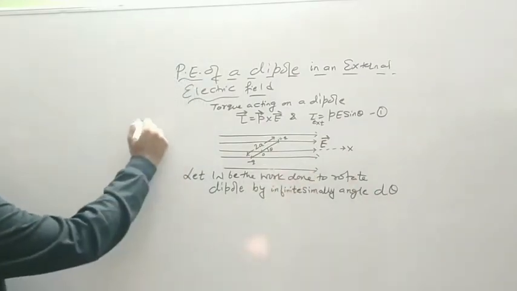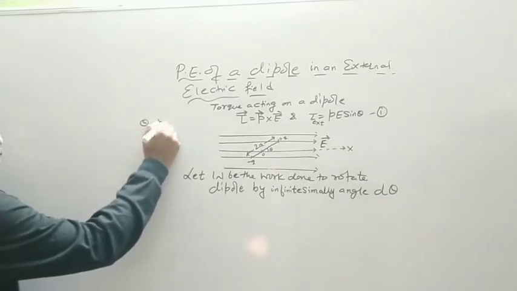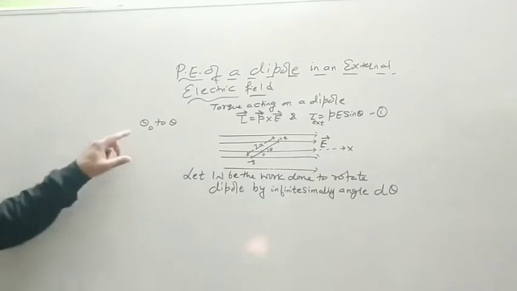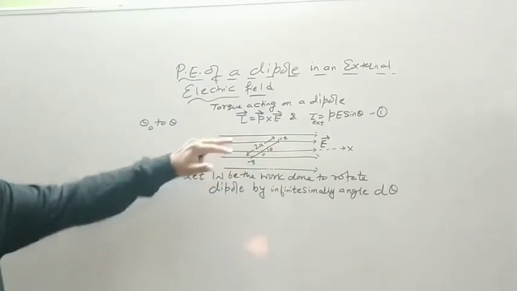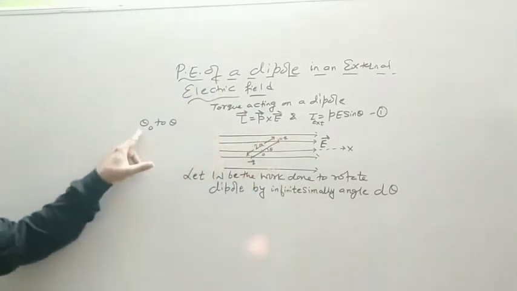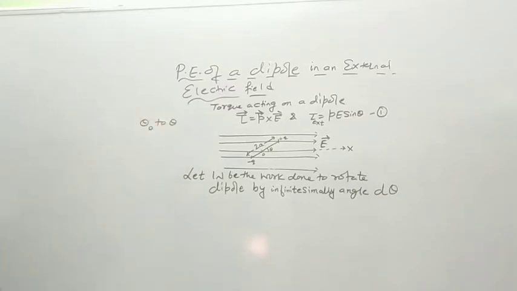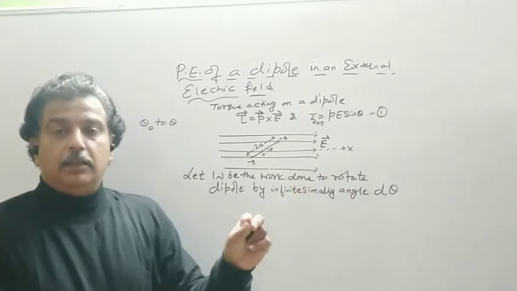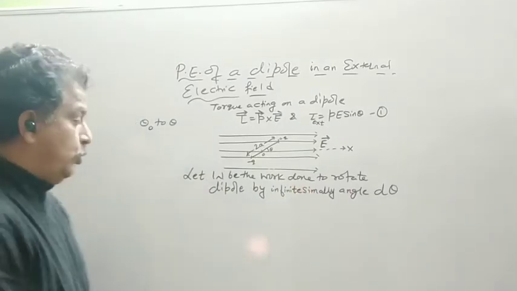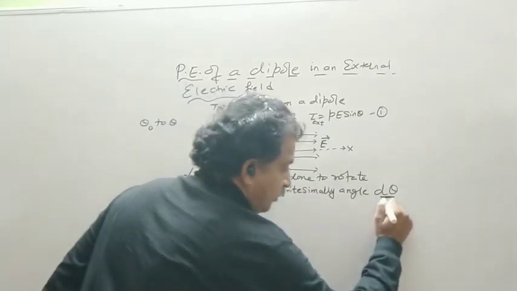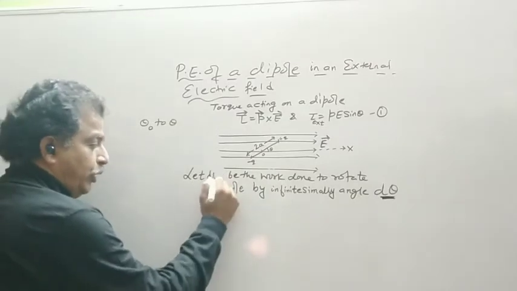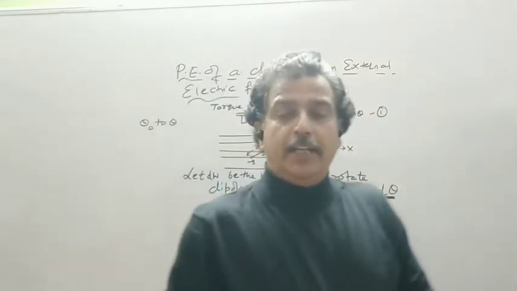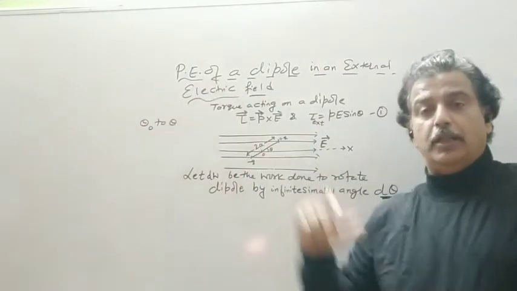Now because I have to rotate it, say from theta naught to theta, the initial angle, the dipole will align in the direction of the field. From 0 to 30 degrees I have to rotate it, so theta naught becomes 0 and theta becomes the final angle. Now it should be rotated in such a way that the angular acceleration should be 0. So if I am rotating it by an angle d theta, the work done should be dW, and then we will integrate it from the initial limit to the final limit.